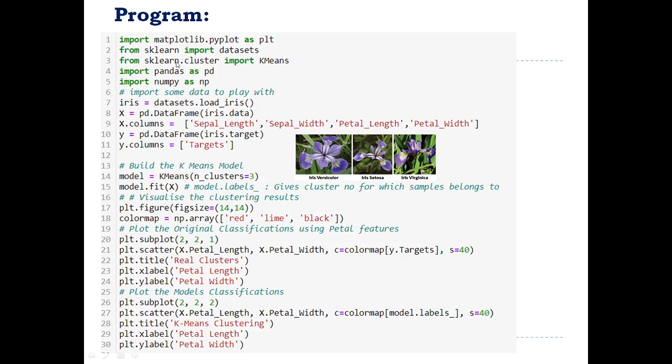Then we are importing the k-means algorithm from the sklearn cluster class. We are importing pandas as pd to create a data frame. Then we want to represent our data in an array, and for that we are using NumPy.